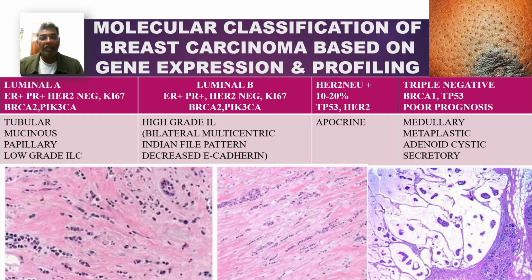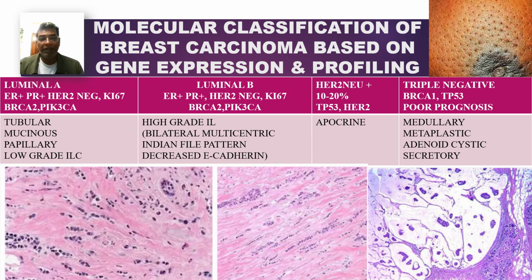The histological types that come under the category of luminal A are tubular, mucinous, papillary, and low-grade invasive lobular carcinomas. Coming to luminal B, ER positive, PR positive, HER2 negative, and Ki67 positive or negative, BRCA2 and PIK3CA mutations are involved, leading to breast carcinomas.